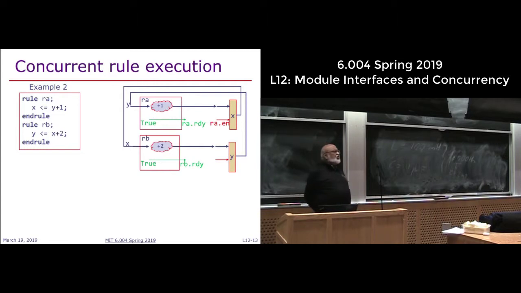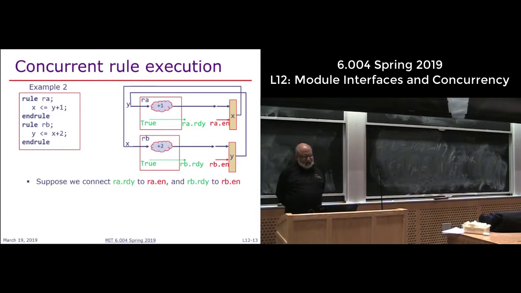So when is rule RA enabled? Always, right? It can execute any time you want. So we have to figure out how we should connect it. The same thing is true for rule RB, because these rules had no guards in them. They were always true. So here is the idea to complete this picture.